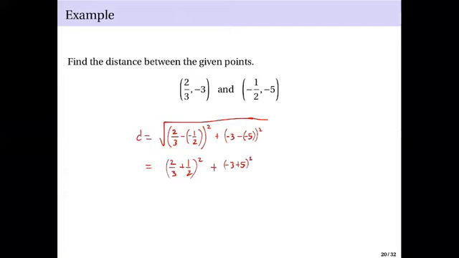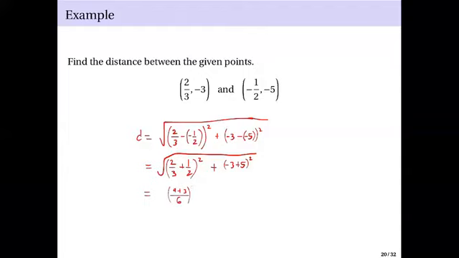And then you take the square root of this. So what is this? Let's see. LCD 6 for this guy, and then you have 4 plus 3, correct?